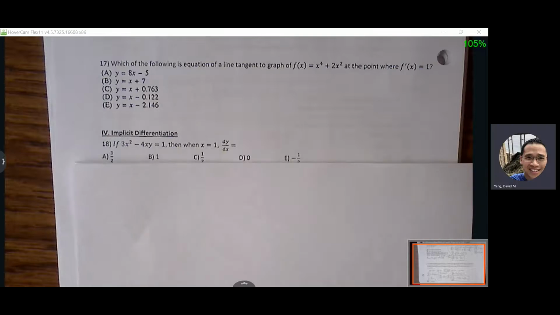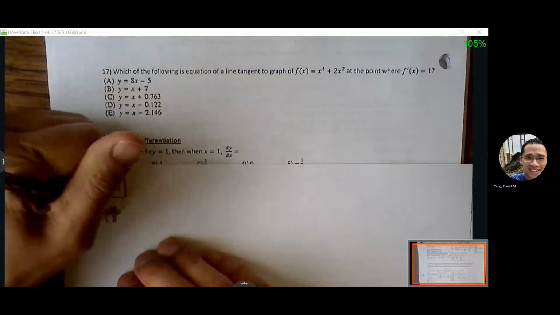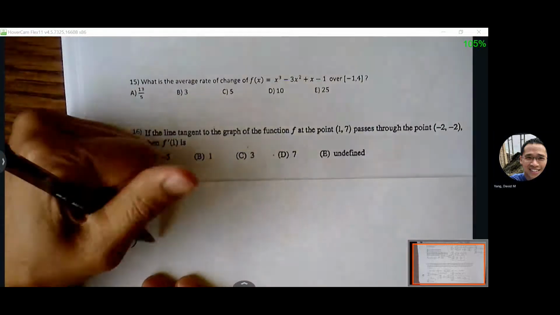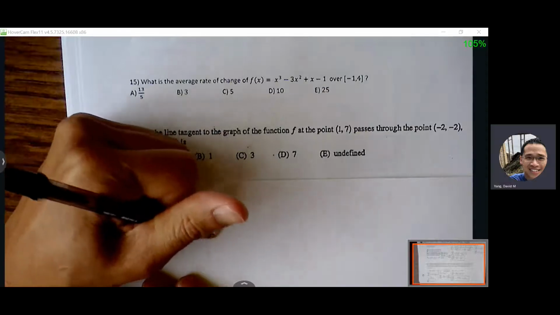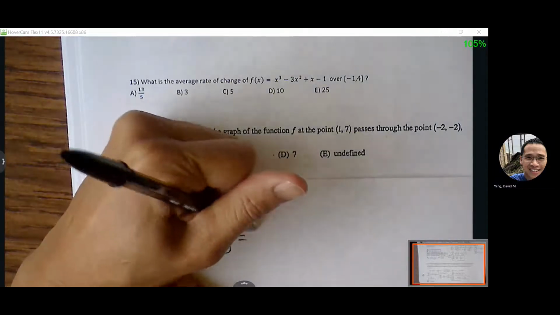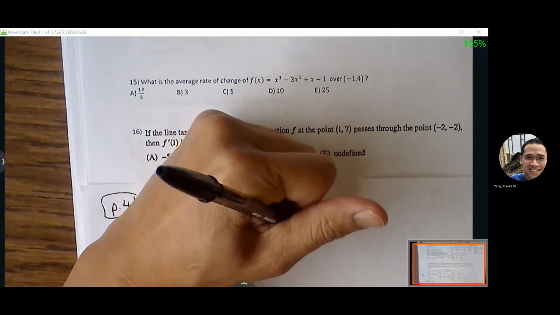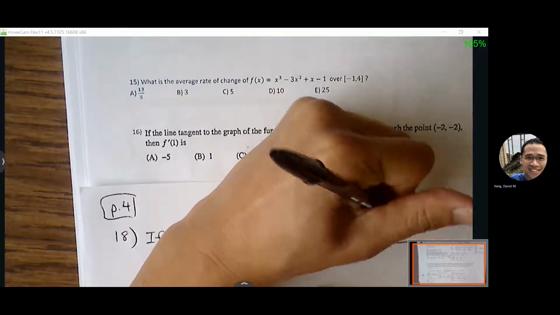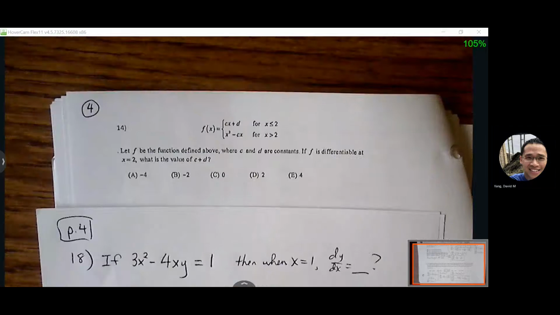So this is page 4, number 18. Okay, does everybody have this packet? Okay, make sure.